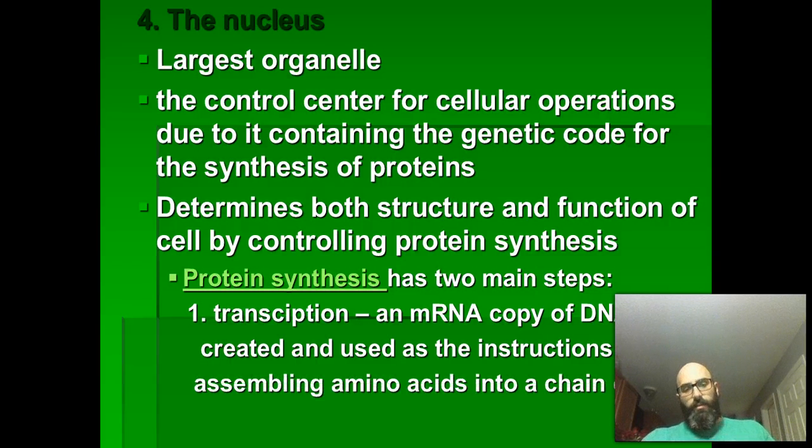In order to assemble a protein, mRNA is used as the blueprint for the sequence of amino acids that are used. When several amino acids get put together in a row, you get a protein. But before you can assemble those, transcription is the making of an mRNA copy of DNA.